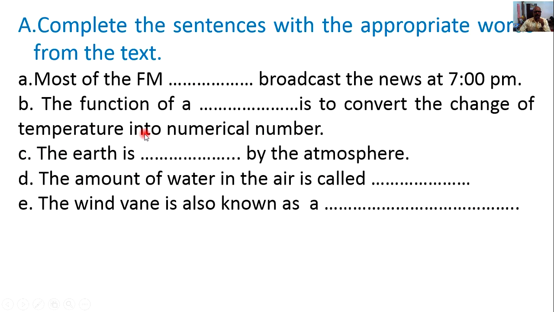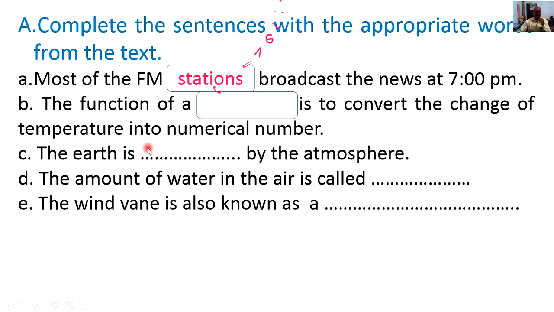Now complete the sentences with the appropriate word from the text. Most of the FM stations broadcast the news at 7 p.m. The function of a thermometer is to convert the change of temperature into a numerical number.